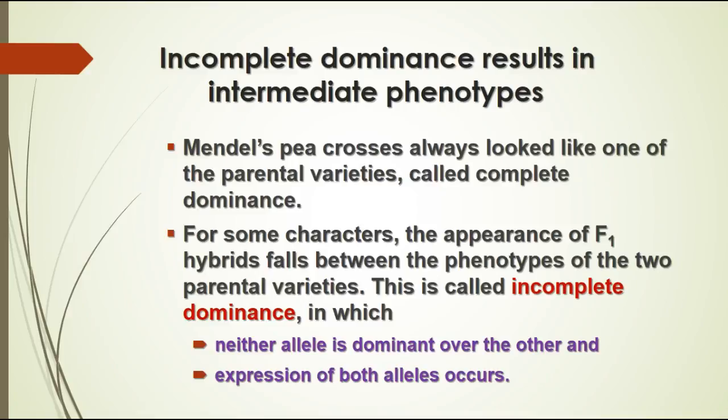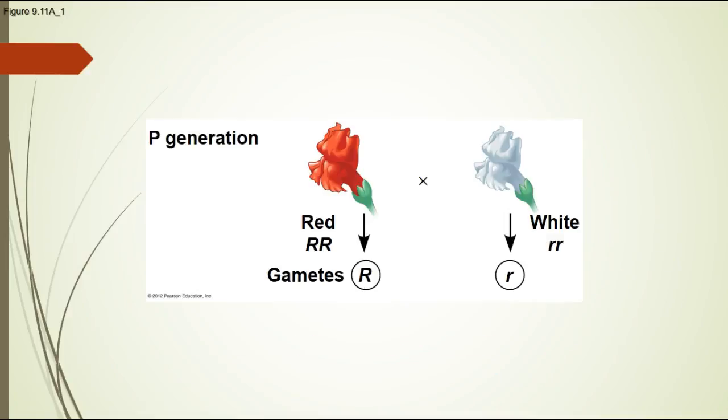This is called incomplete dominance. In this case, neither allele is dominant over the other, and both of them are expressed. They both show up.